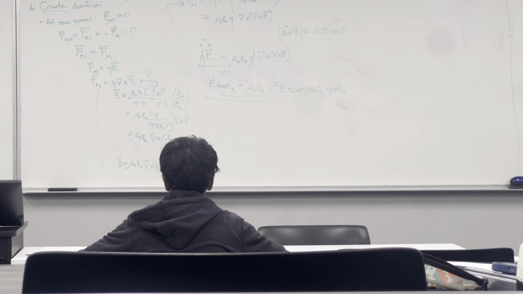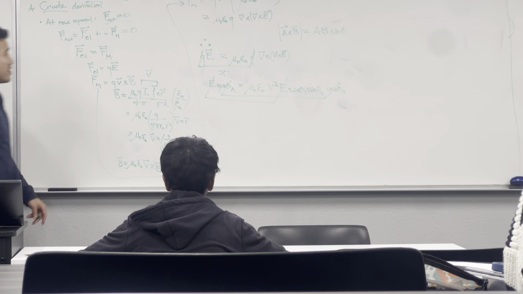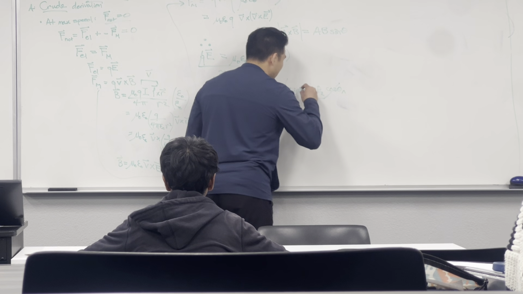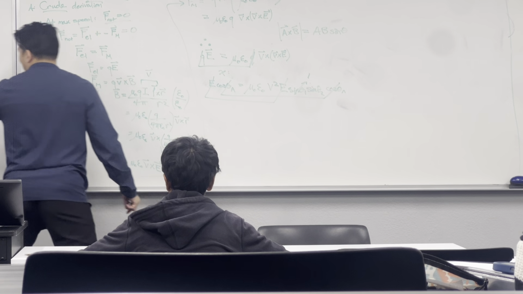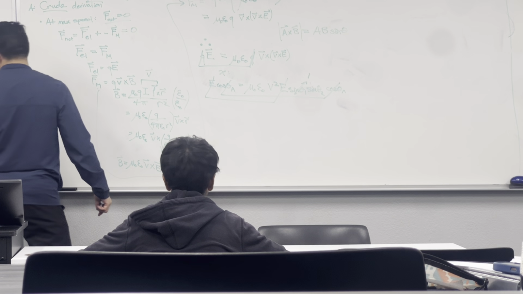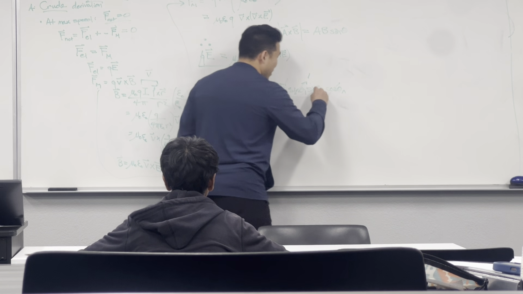The velocity is this way, electric field is up. What is the angle between them? 90. Yeah, it's 90, so sine of theta, that's 1. And you can see that pretty much everything is 90, right? And so this is also going to be 1.